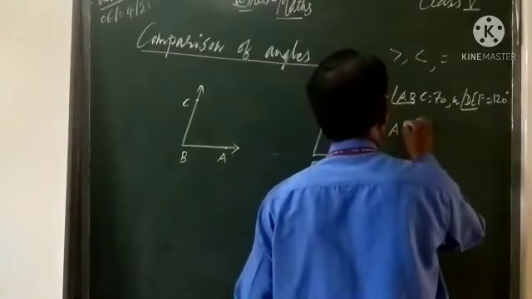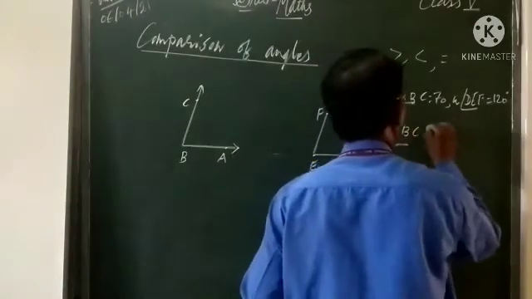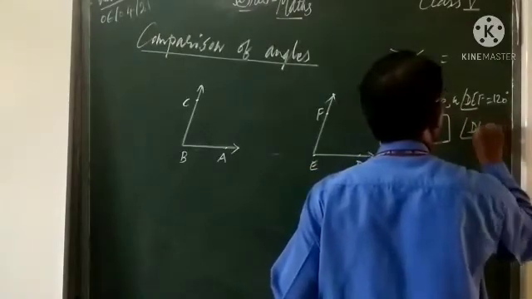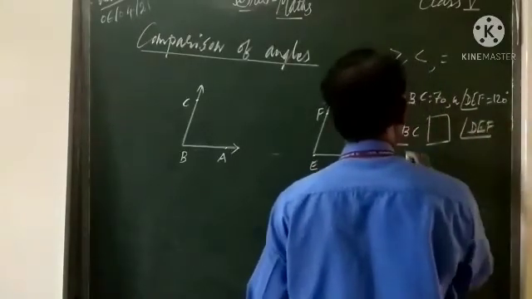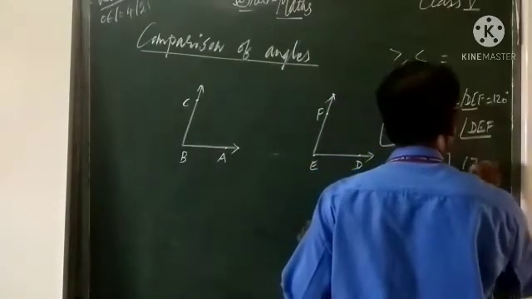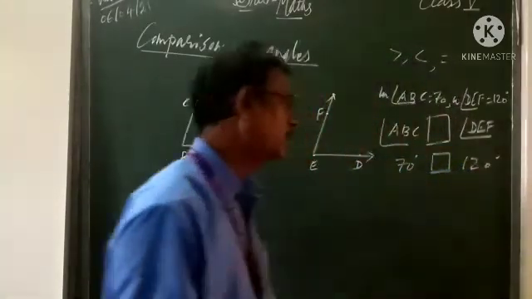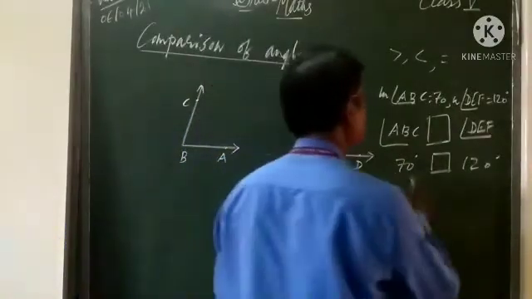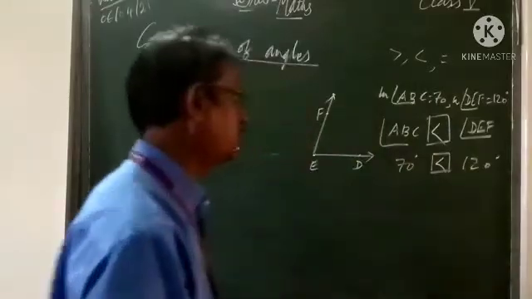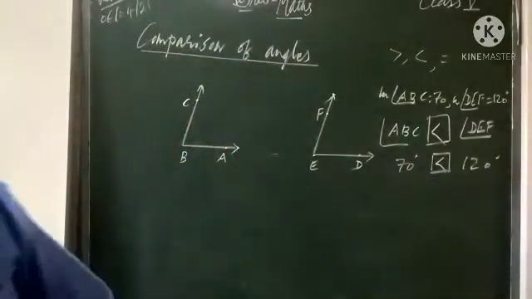Angle ABC, what should be there, compared to angle DEF? 70 degrees and here 120. Now 70 is greater than, less than, or equal to? 70 is less than 120. So angle ABC is less than angle DEF. We can say that.